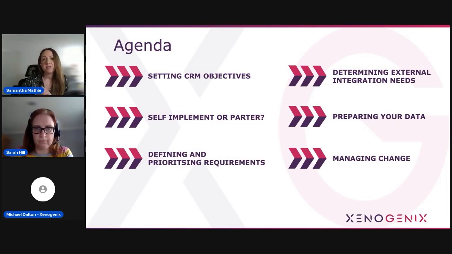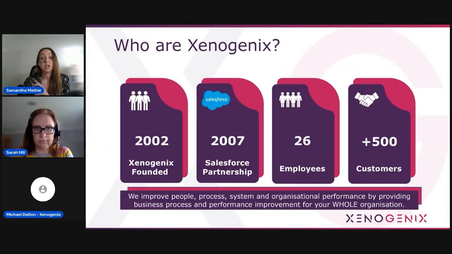But first of all, just a very, very quick introduction to who Xenogenics are. So we were founded back in 2002 as a business process improvement consultancy. After using Salesforce ourselves, we spotted that there was an opportunity that other companies might want to tailor Salesforce to their own business processes. So we became a partner with Salesforce back in 2007.